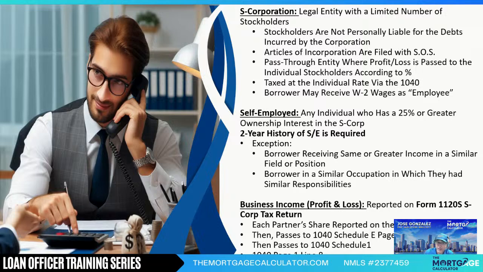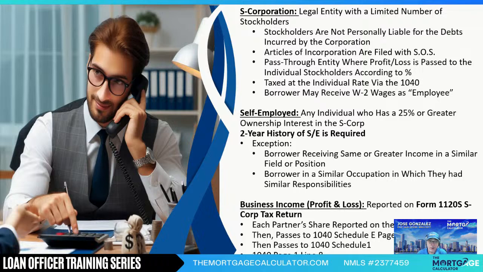Now, in terms of the income stream, this is very important: you need to follow the paper trail here, because this is where many MLOs make the mistake when they're analyzing and calculating. We get the self-employed borrower, and all they're giving us is a 1040. They don't know they necessarily have to give us the 1120S, and maybe the MLO didn't ask for the 1120S if they have an S-Corp.